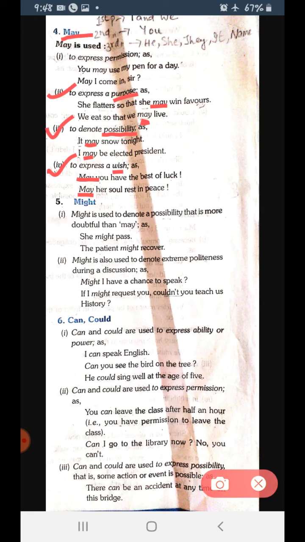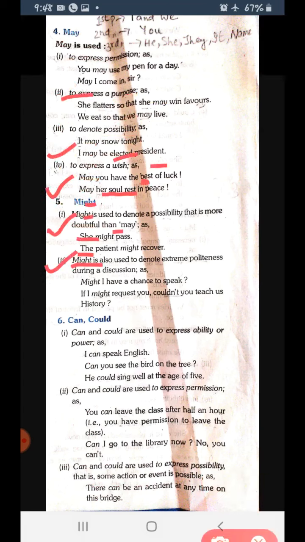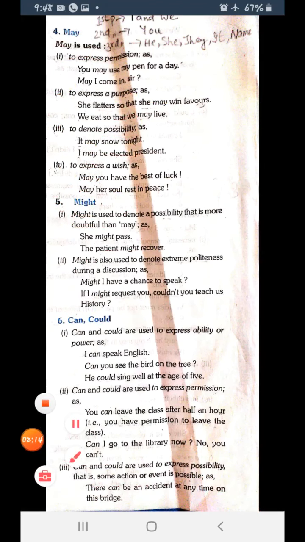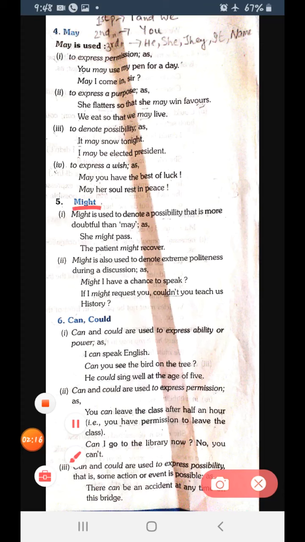Now, number 5, modal might. So now we will be learning about might. Point number 1, might is used to denote a possibility that is more doubtful than may.